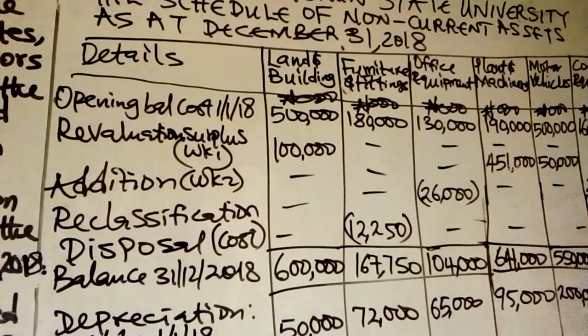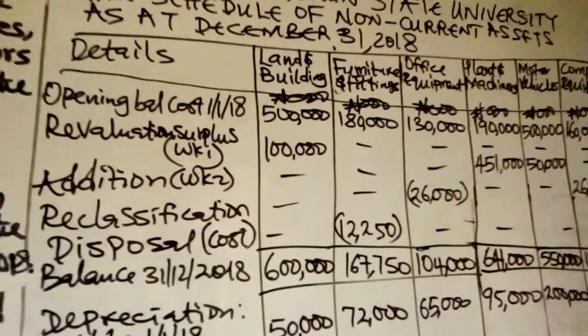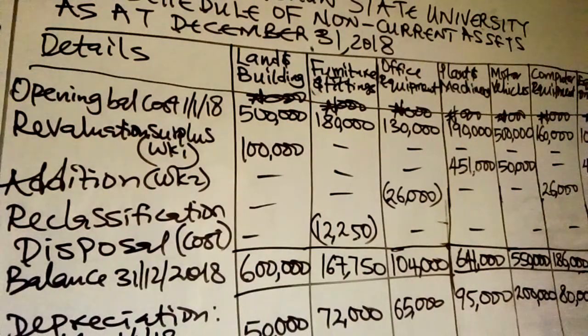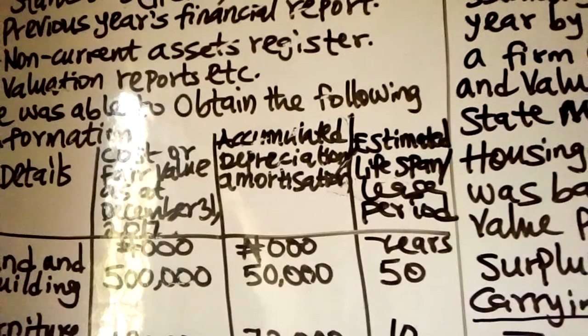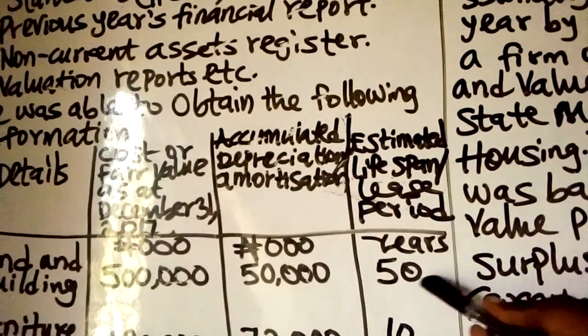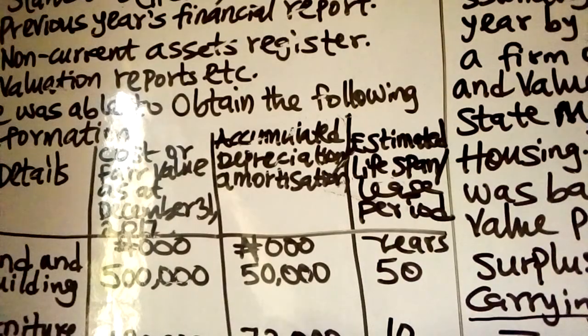Remember, land was revalued. Ordinarily, the life of the land and building is 50 years. Depreciation will have been divided by 50. 500,000 divided by 50, and that will be 10,000 per annum. That means this 50,000 will have been charged for 5 years. 50,000 divided by 10,000 is 5 years.